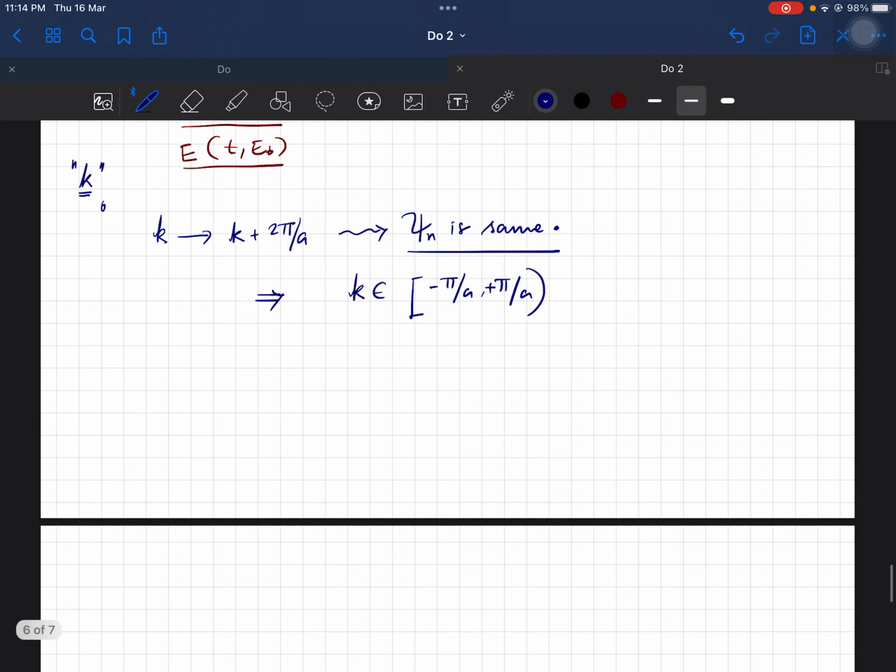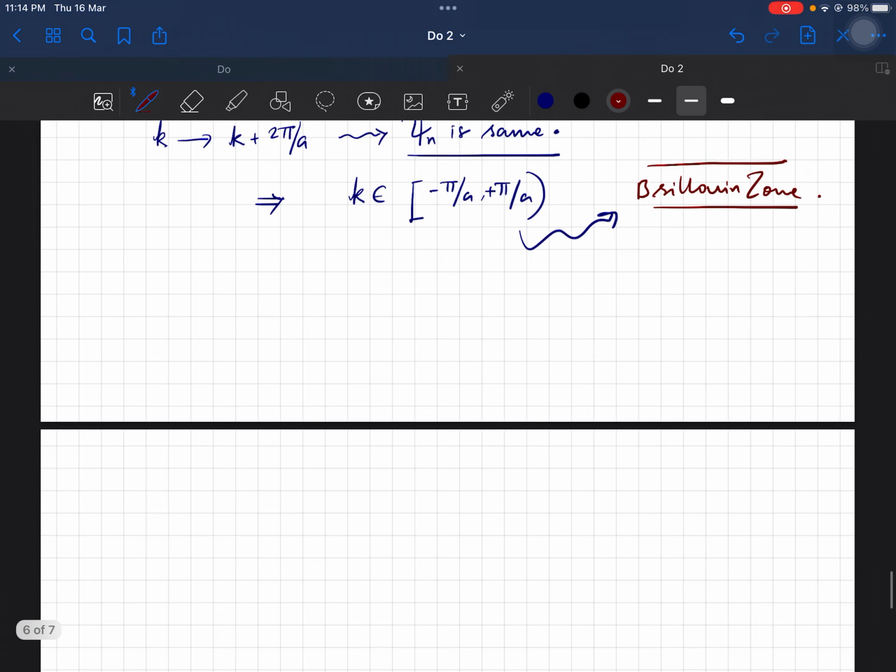This has a fancy name called the Brillouin zone. We'll see why this is a useful concept that deserves its own name in section 2.2.